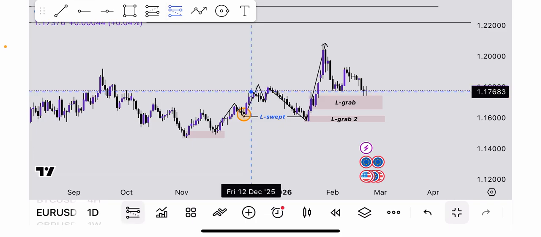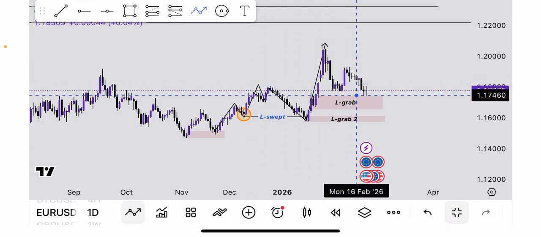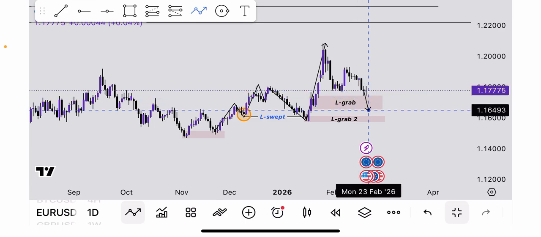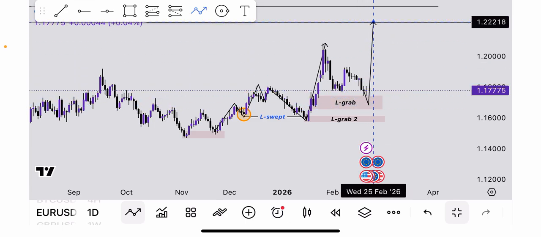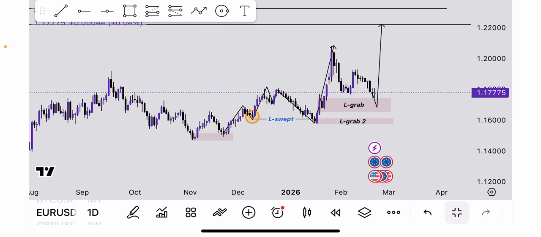So it's possible that the market will drop from here, reach this place, then push back up. It's very, very much possible.